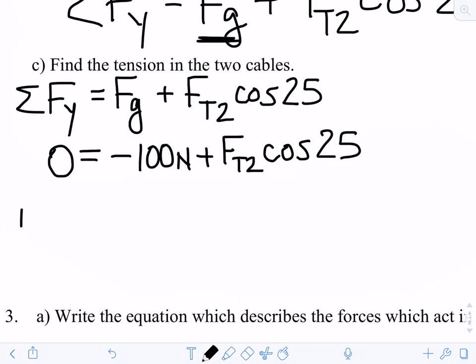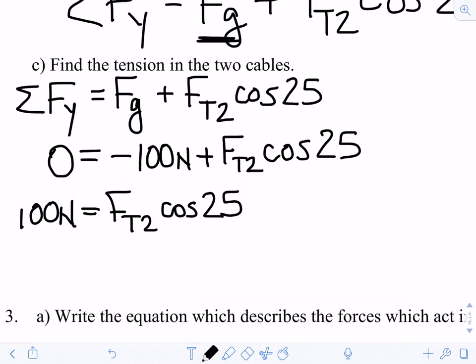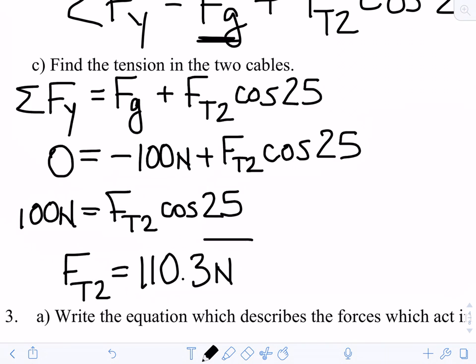We add 100 newtons to the other side to get that 100 is equal to FT2 cosine of 25. And then we divide both sides by the cosine of 25, and we find that the tension in cable 2 is going to end up being 110.3 newtons.